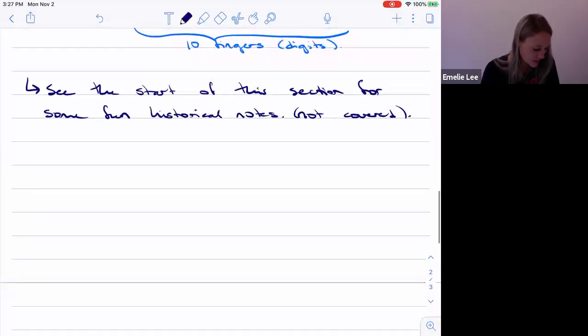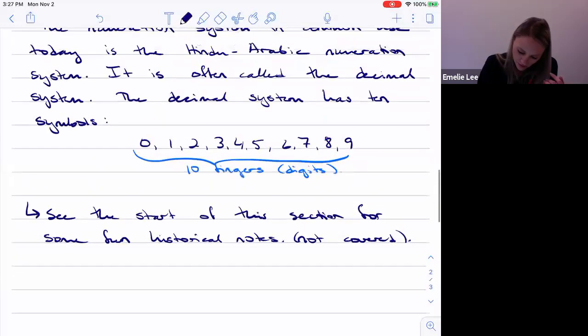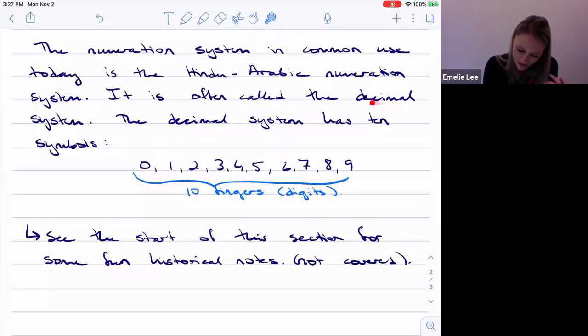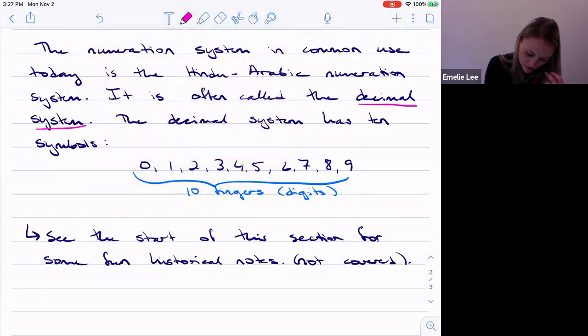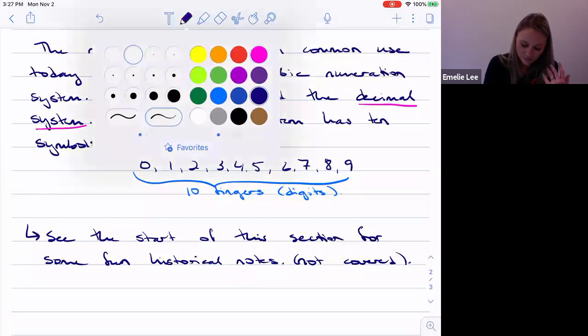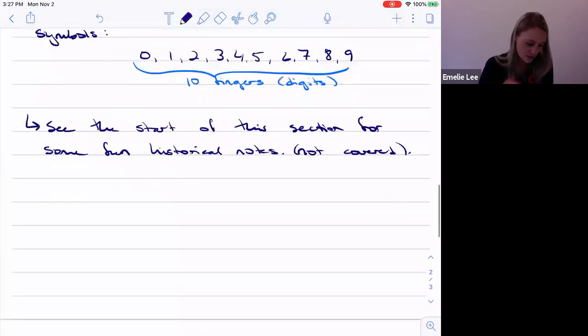Okay, so the decimal system, which is what we're calling this here. Our Hindu Arabic numeration system is also called the decimal system. I'll underline that. The one that we know and love, probably, hopefully, is called the decimal system.